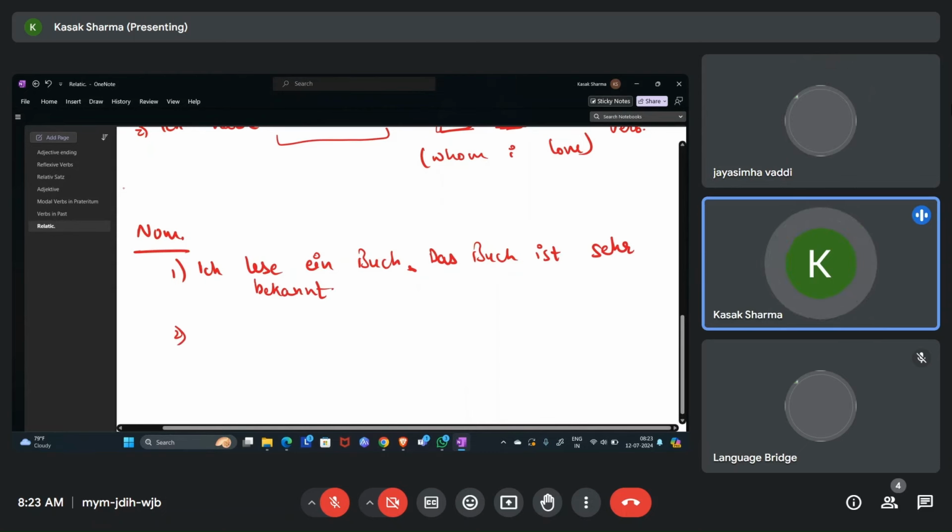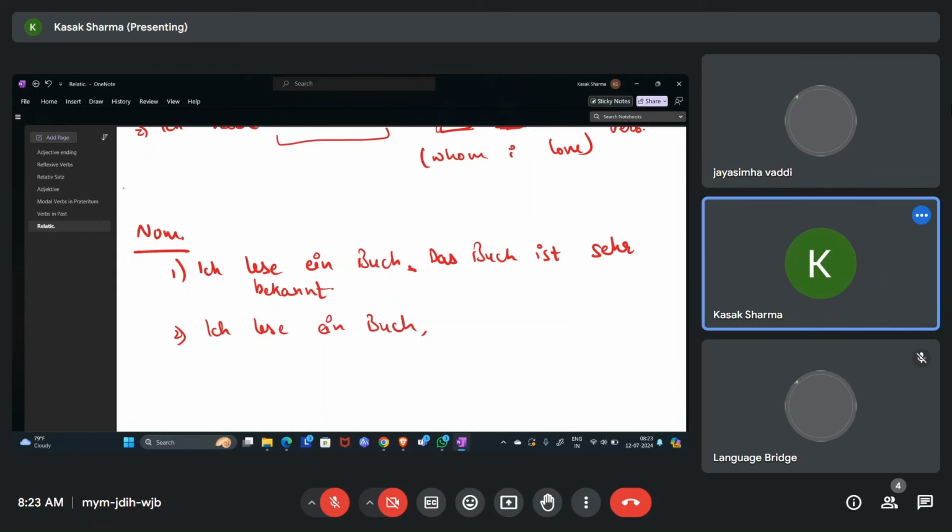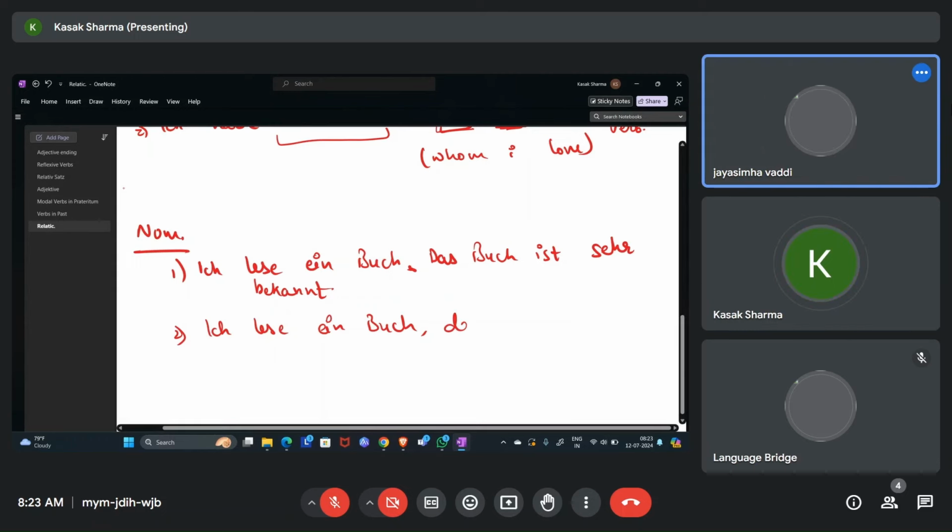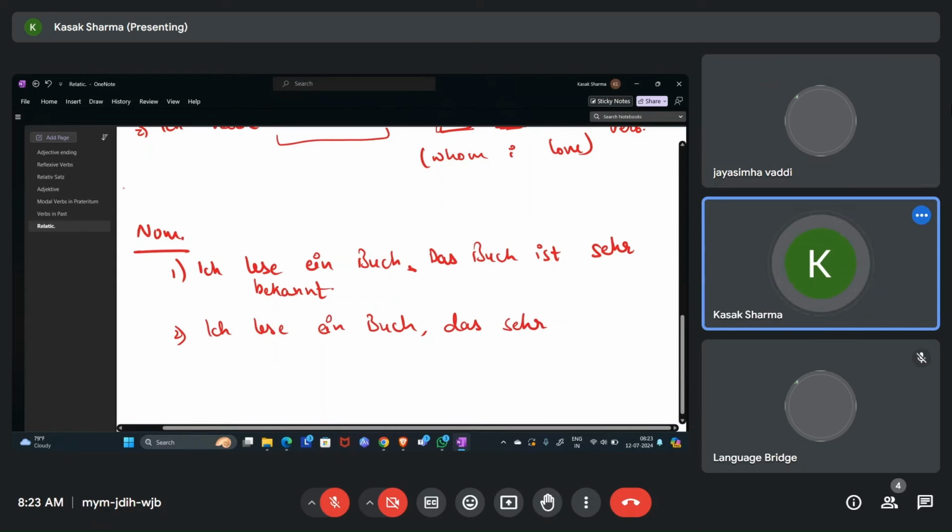Now, to form a relative here, my Hauptsatz will be the same: ich lese ein Buch. After the comma, what will be the relative pronoun here? Das. Yes, das sehr bekannt ist. The verb will go at the end because it forms my Nebensatz.